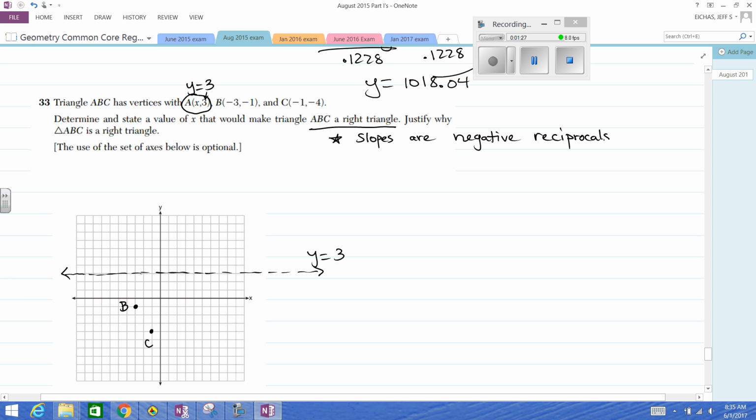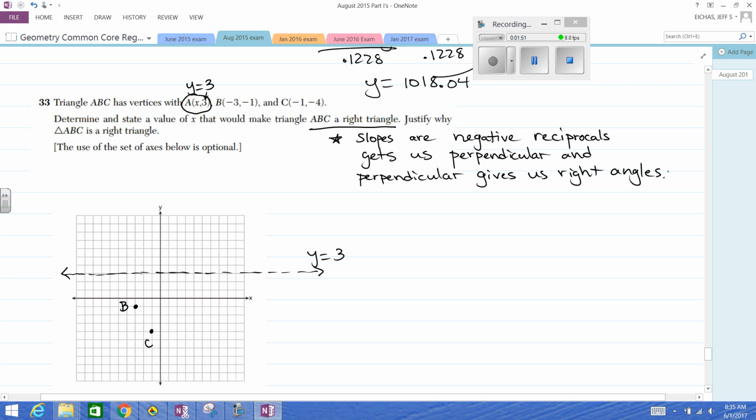That's going to get us perpendicular, and perpendicular gets us right angles. So that's got to be our goal.